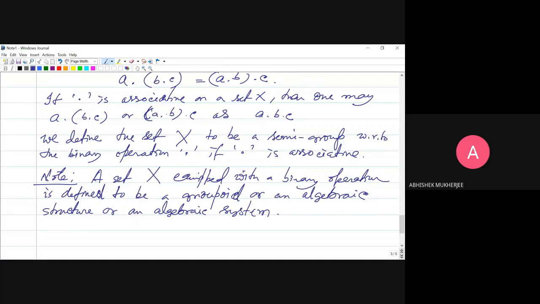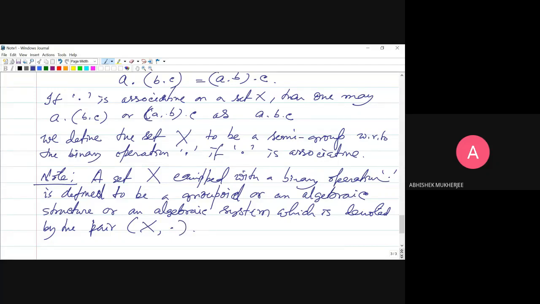So a set X equipped with the binary operation dot is defined to be a groupoid or an algebraic structure or an algebraic system, which is denoted by the pair (X, dot).